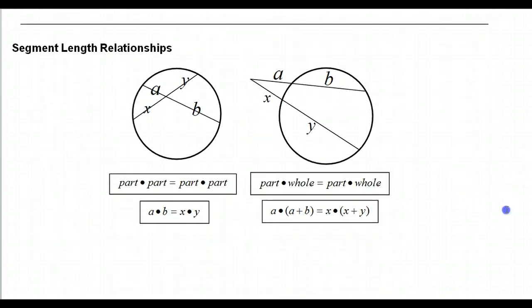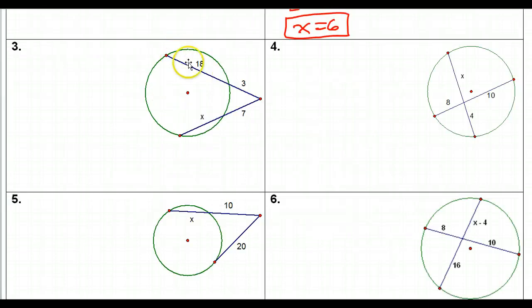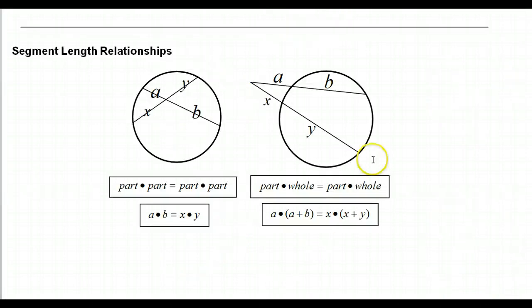Well, the next thing we got into was the relationship between the parts of the segments in these two situations. So it turns out that if you have a situation like this, where the segments are secants going outside of the circle, that's this situation on the right, then the relationship is that part times whole is equal to part times whole.